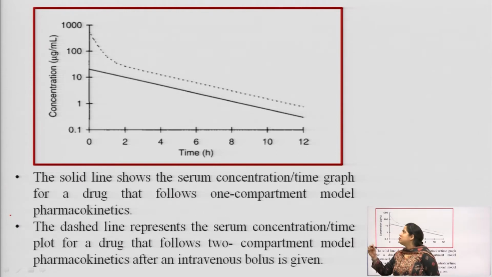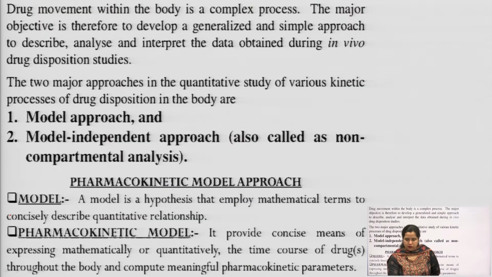So, a few deviations you see here: the drug reaching plasma and then distributing to different kinds of body tissues, two different components. So, there is a variation or deviation from the linear line observed in this particular graph.